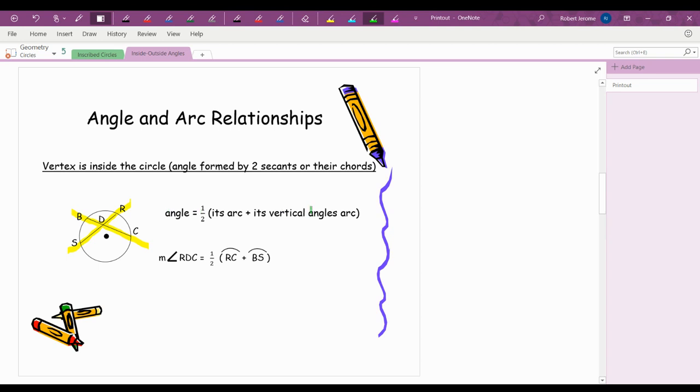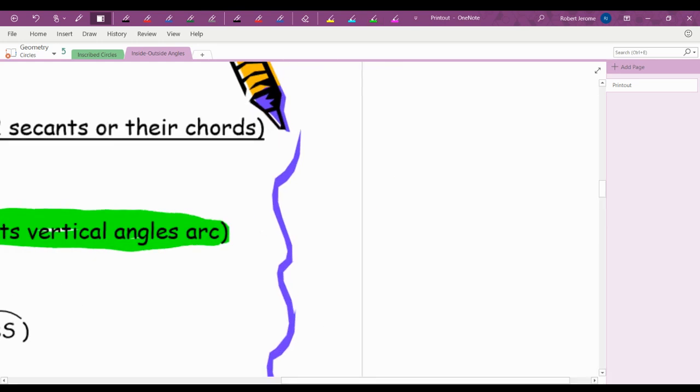The angle equals 1/2 of the sum of its arc and its vertical angle's arc. It's the average. So let's take a closer look at this example.